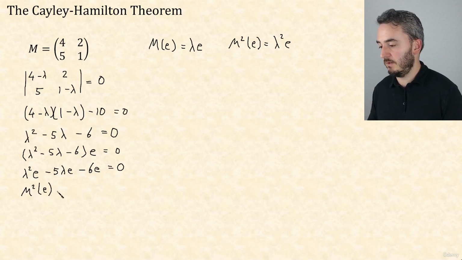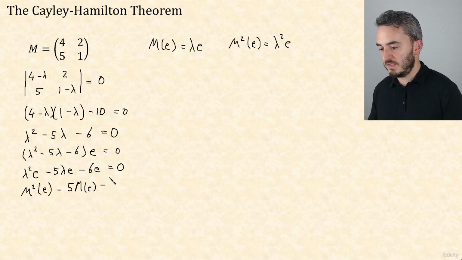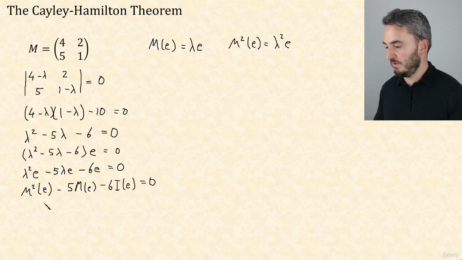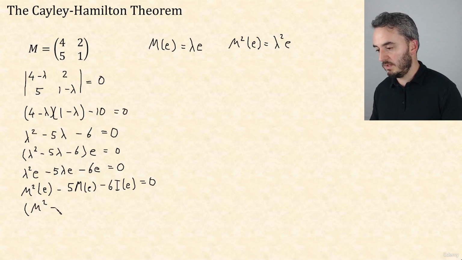That will do the same thing. And lambda e can be replaced with me, so that's 5me, 5m of e. And then 6e is the same as 6 times the identity of e. And since matrices are also distributive, I can now pull out m squared minus 5m minus 6 times the identity of e, and that should still be 0.